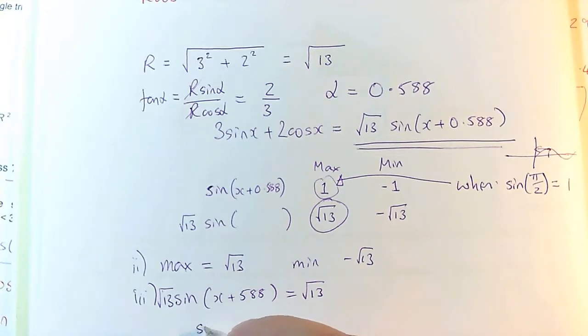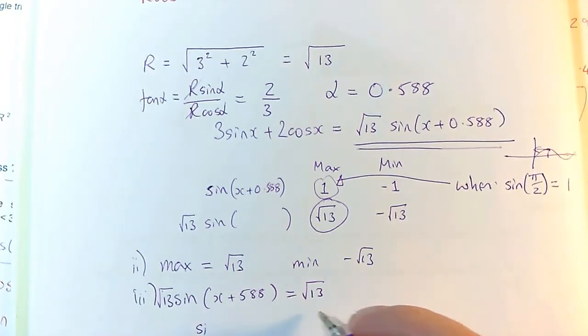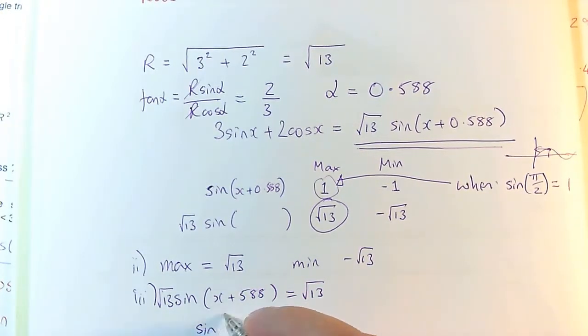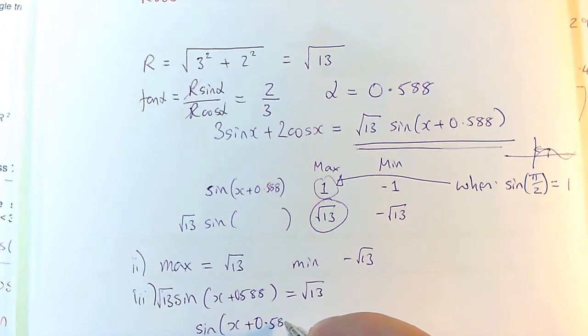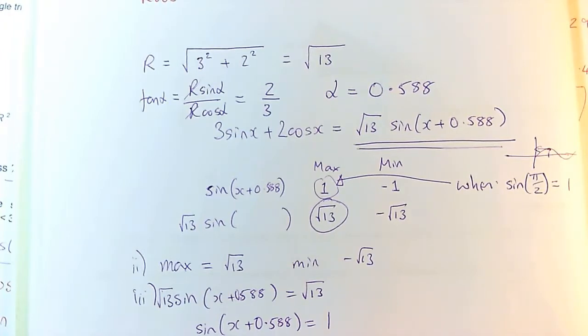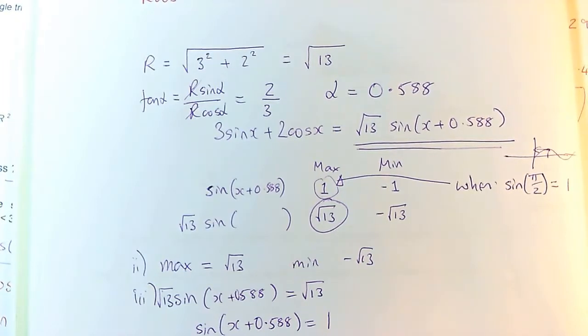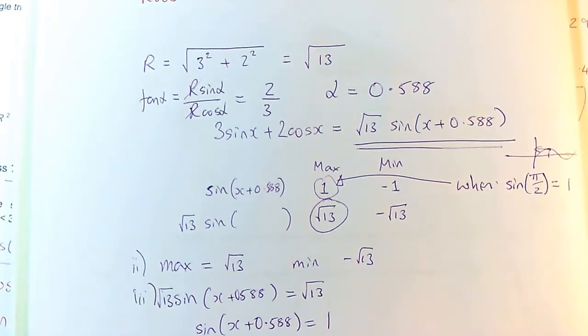In order for root 13 sine of bracket to equal its maximum value of root 13, sine of x plus 0.588 must equal 1. So x plus 0.588, you could even do the inverse sine of 1, but you're expected to know that's pi by 2 radians.